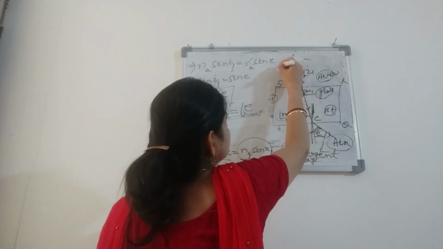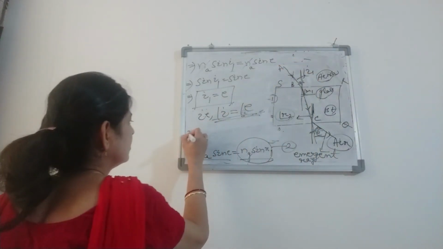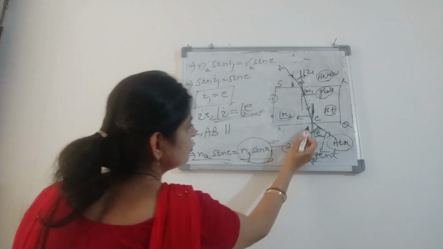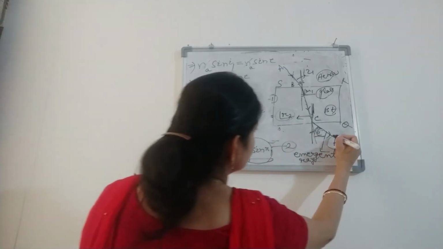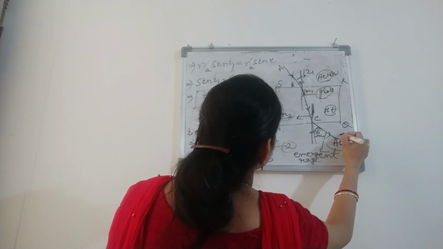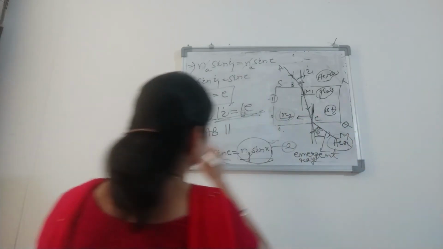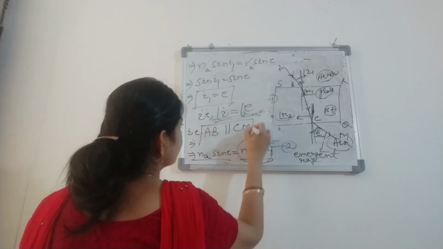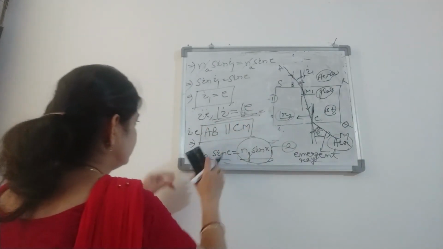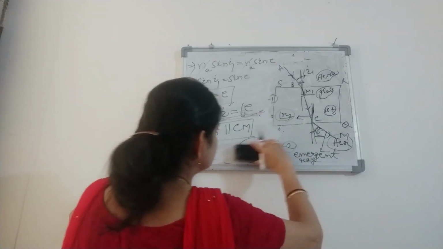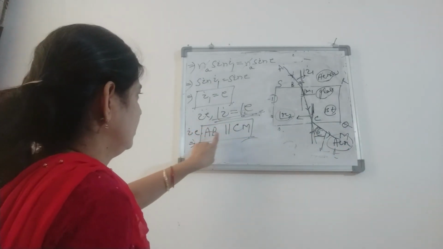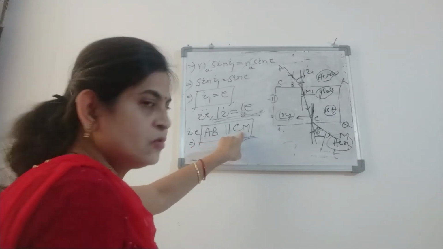The incident ray AB is parallel to CM, suppose, your emergent ray. These two points are very important. AB is parallel to CM.